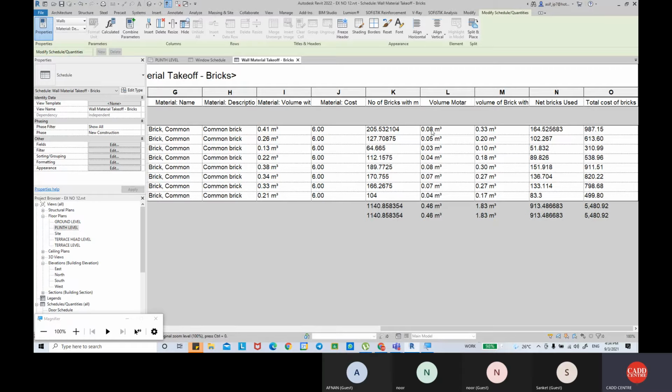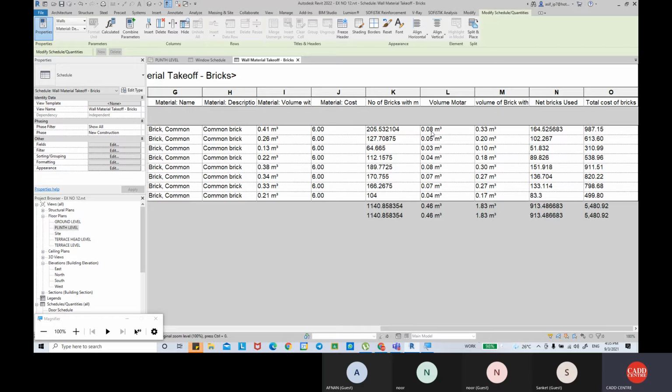Here we have volume of mortar, which we have already extracted. What we should know is what grade of cement we are using, M20 or another grade, and what ratio you're going to use. Supposing I'm going to use 1:3 as the ratio in the mortar, so 1 cement bag and 3 bags of sand. So 1:3 is the ratio.